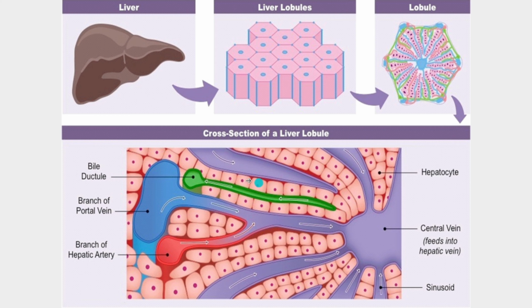The hepatocytes secrete the bile, and it is transported through the bile duct to the gallbladder. Normally your bile is stored in the gallbladder. This bile is important for nutrient digestion, which you already learned in SPM. So where is the bile produced? It is actually produced in the liver, but stored in the gallbladder.